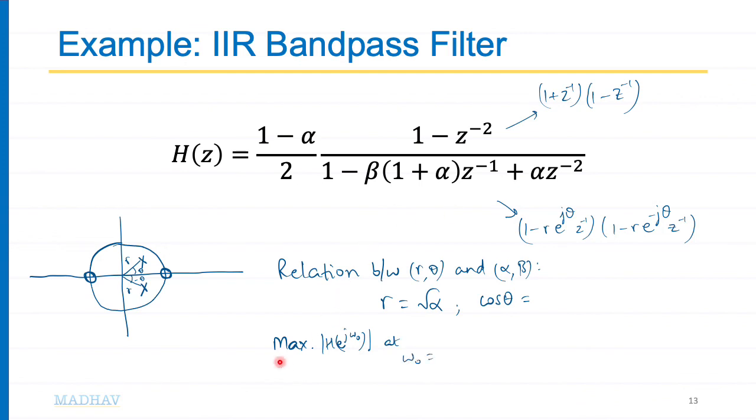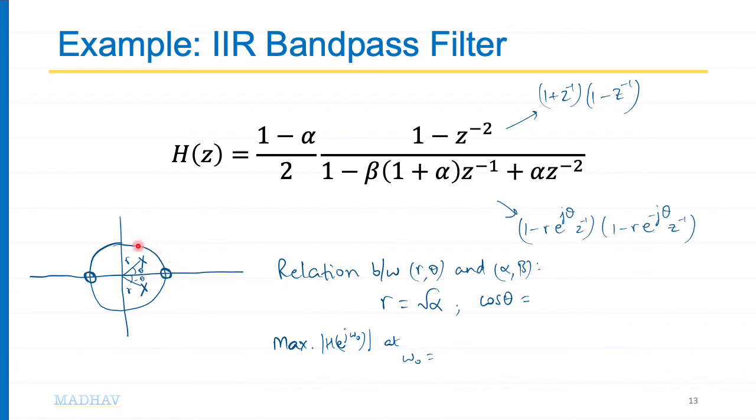Now I'm also interested in finding out where the maximum is obtained in my H(e to the power j omega). It is a band pass filter. You can see it is 0 here, it increases, reaches a maximum value, again decreases, and again becomes 0 here. So it allows a band around here.